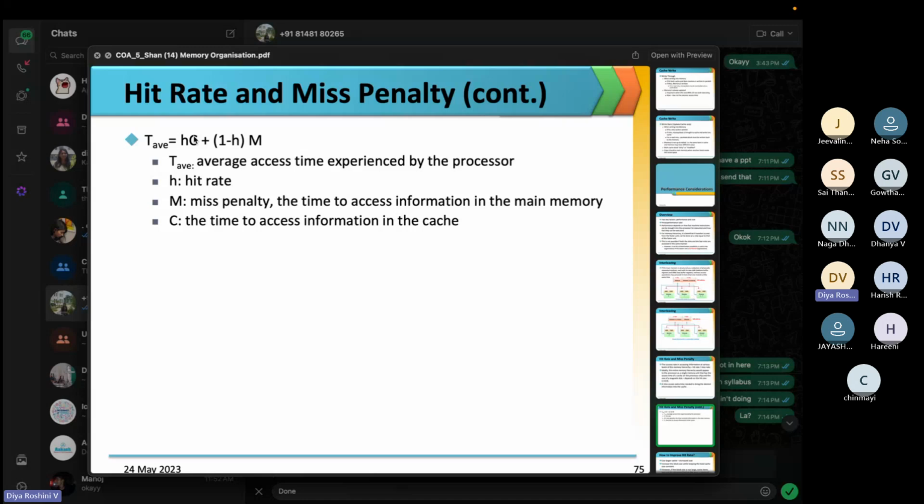So first, if it hits, it's the cache access time, so it's H times C. Plus, if it's a miss, it's going to be 1 minus H, because if it's not a hit, it's a miss. So it's 1 minus H times miss penalty, which is the access time if it's a miss. That's all. So this gives you the average time.